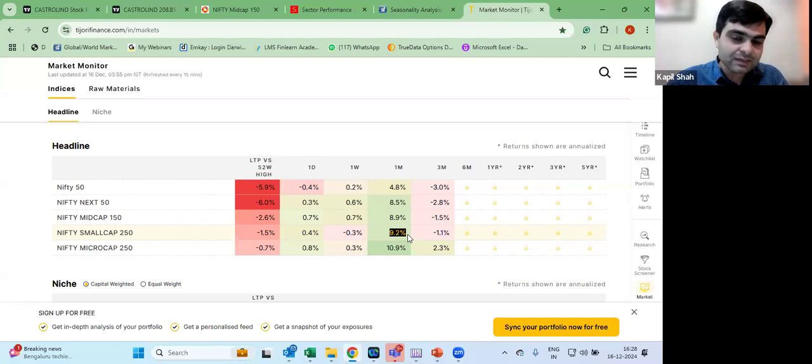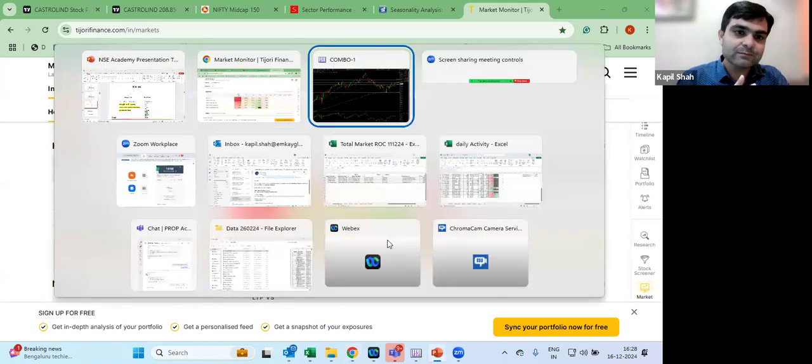So the one thing that is getting clear is which kinds of stocks and sectors are moving well. Nifty 50, okay, fine, it is not that great momentum, but small cap and micro cap are in good momentum so far. That is one side of the equation, what particular things are moving.